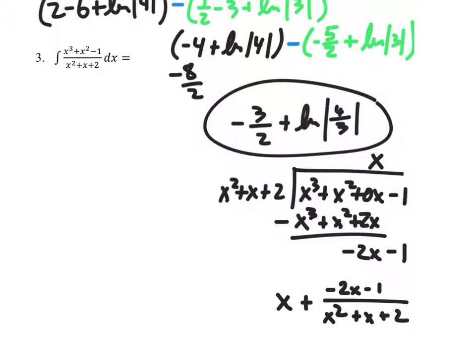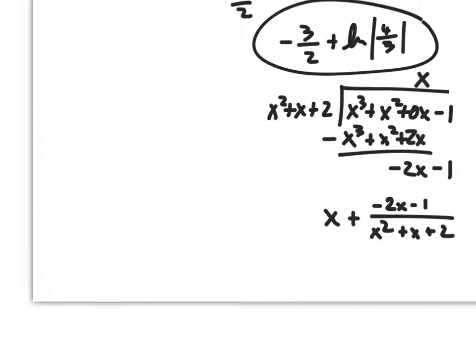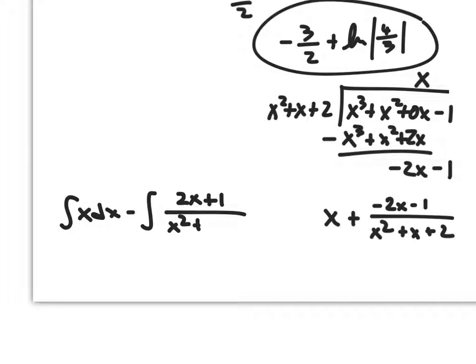Alright, so this may not look like it, but it's actually not that bad to integrate. I'm going to integrate x dx, and then I'm going to pull a negative out, minus the integral. That will make this 2x plus 1 over x squared plus x plus 2 dx.